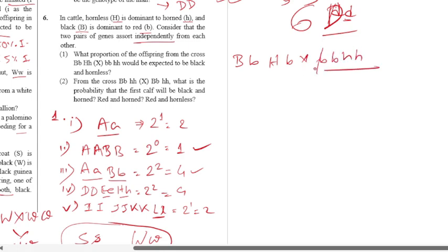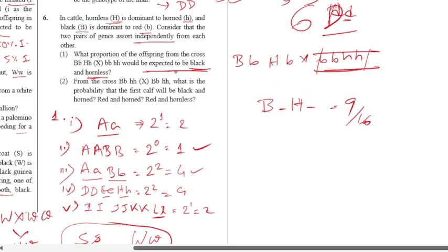This is an exact example of a test cross. So the expected black and hornless, hornless being dominant and black also dominant, capital B dash, capital H dash, is 9 by 16.